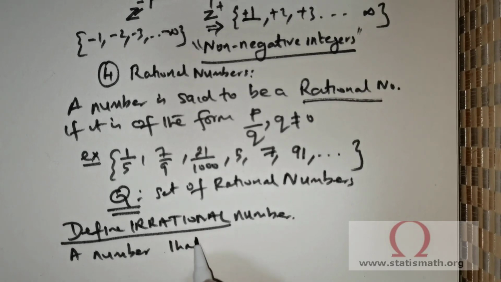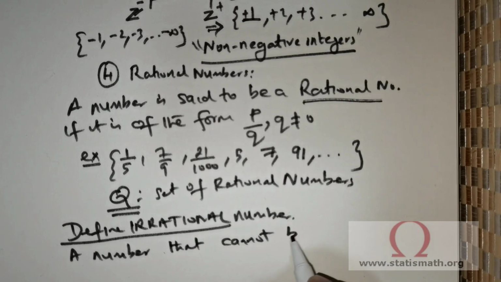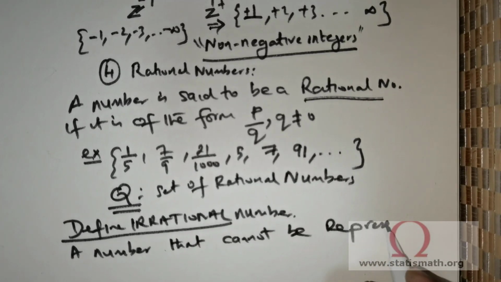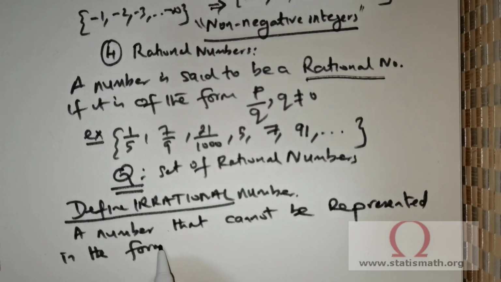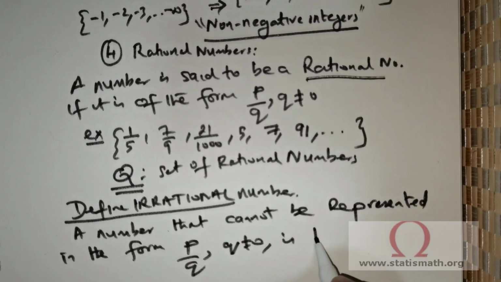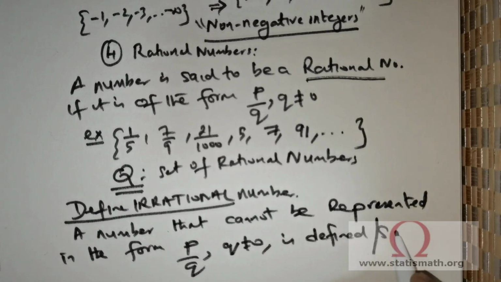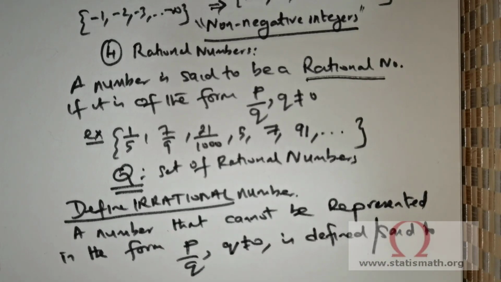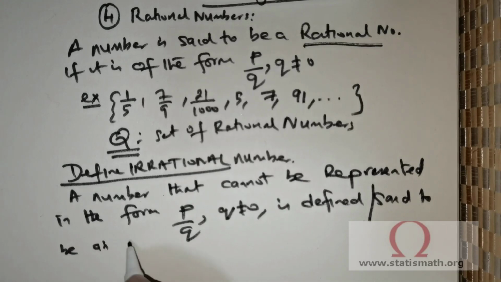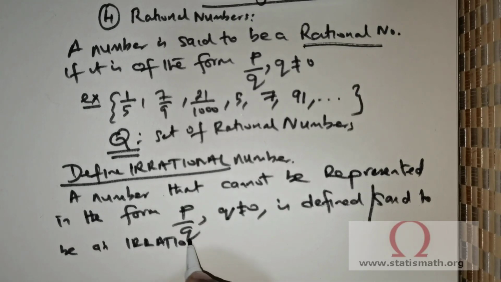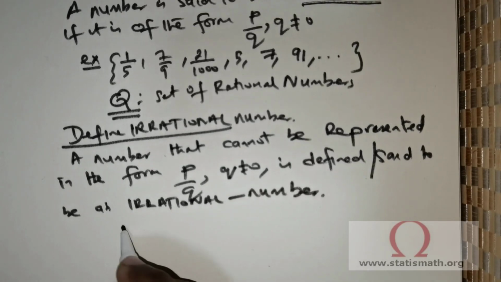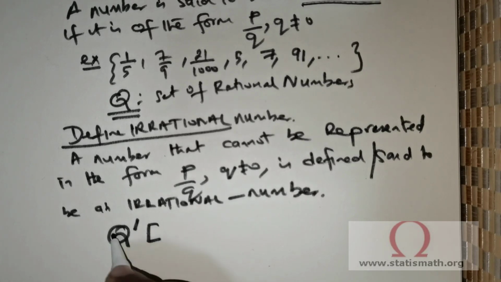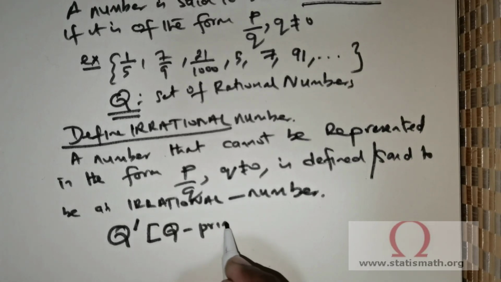A number that cannot be represented in the form p divided by q, with q not equal to 0, is defined to be an irrational number. The set is represented by Q dash. You can call it Q dash or Q prime.